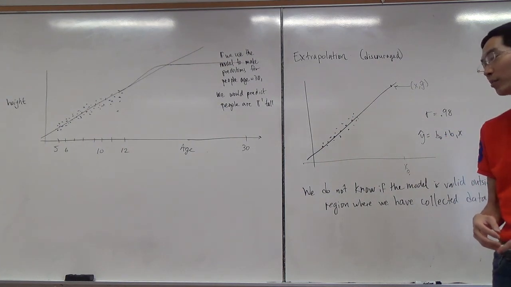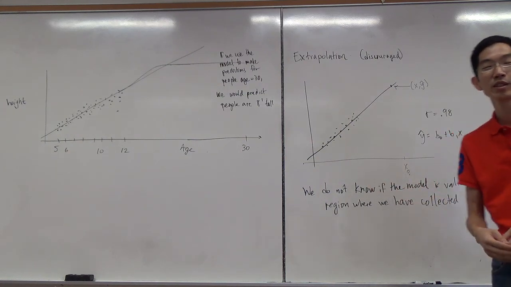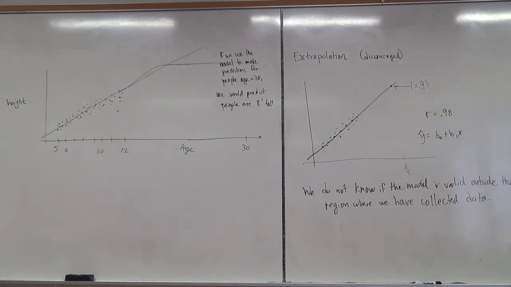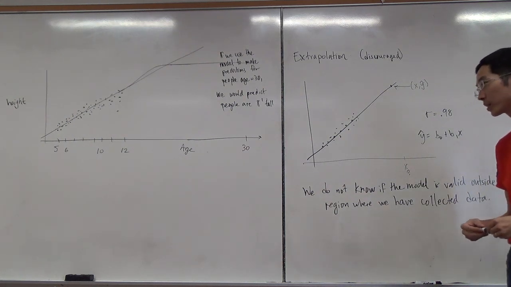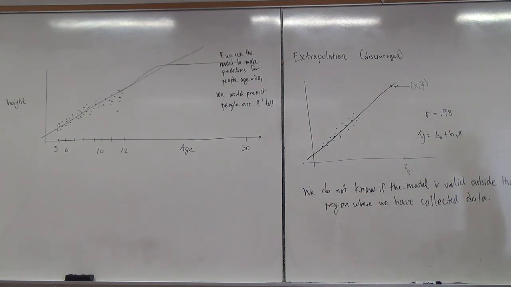That would be a bad thing to do because the linear relationship may not necessarily hold, okay? So, predicting the future is something very difficult. We have no idea what will happen in the future, so who knows?